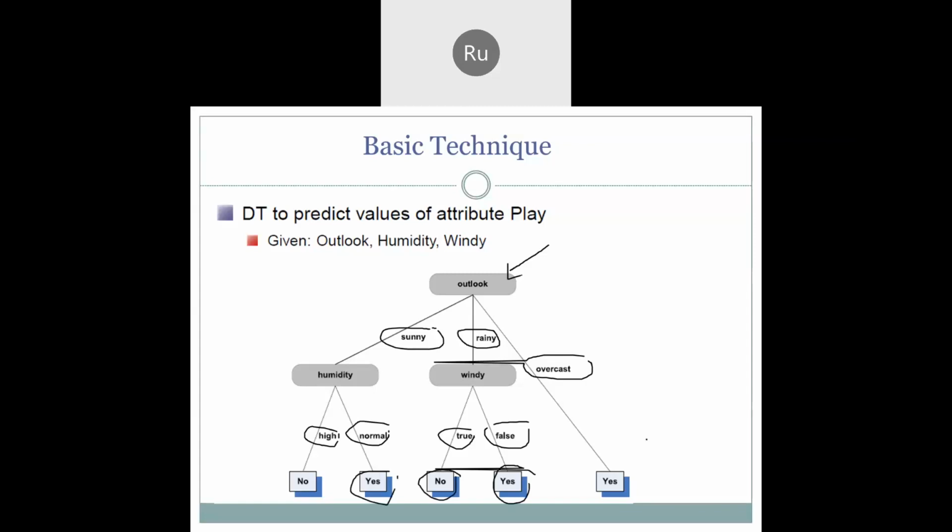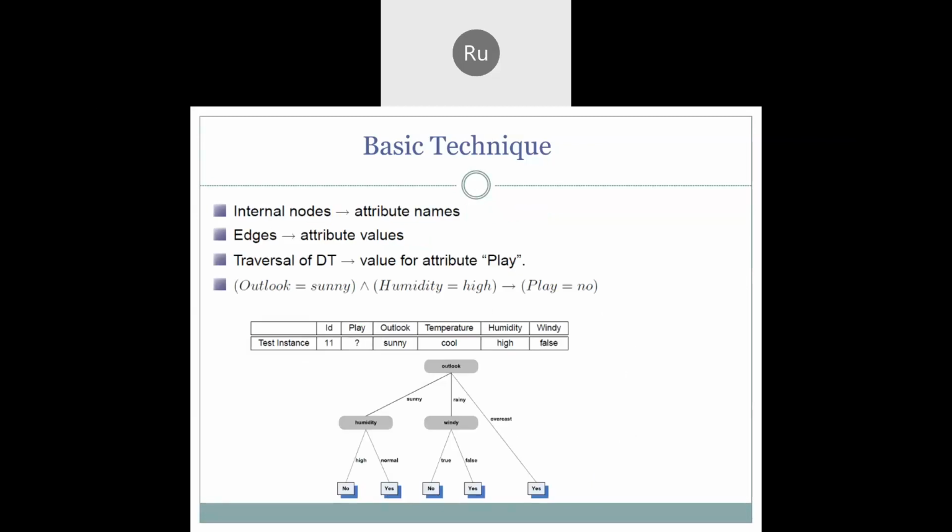So this is the leaf. The leaf will tell you the type of classes that we have. So in the middle here, we have all the values corresponding to the attributes of our dataset.